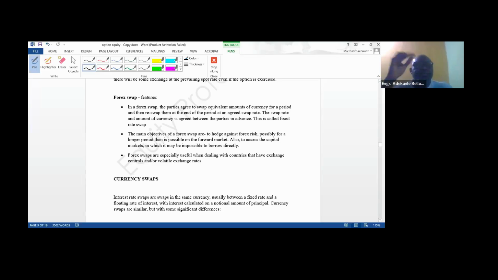It is a contract between two parties to swap equivalent amount of currency at an agreed swap rate between the parties.